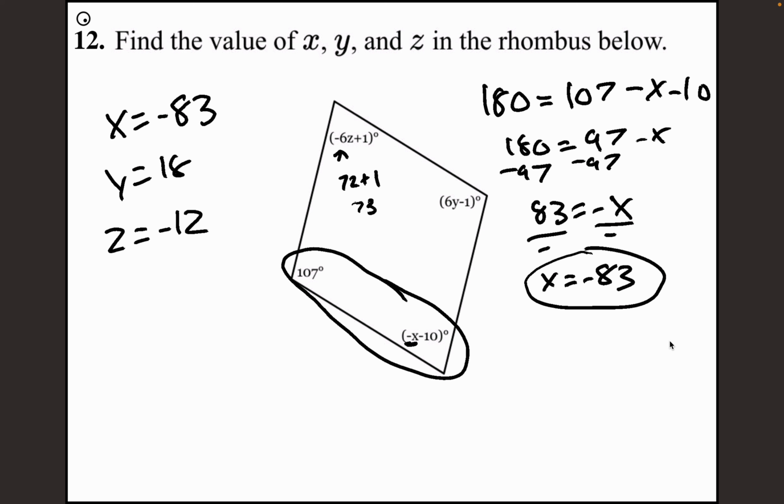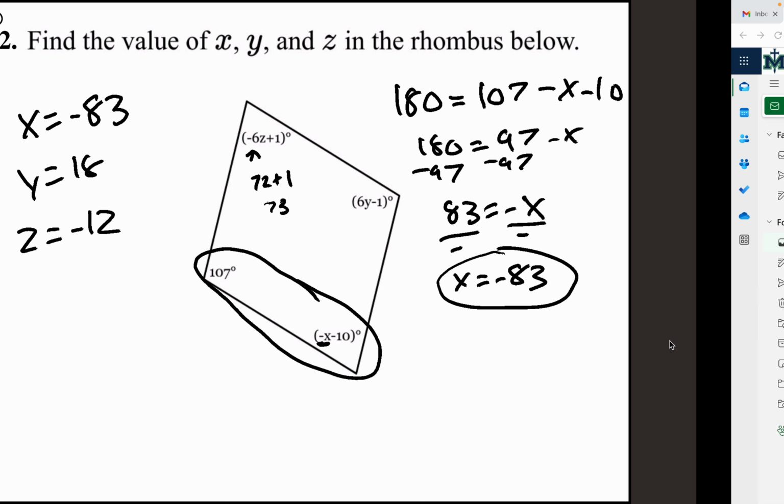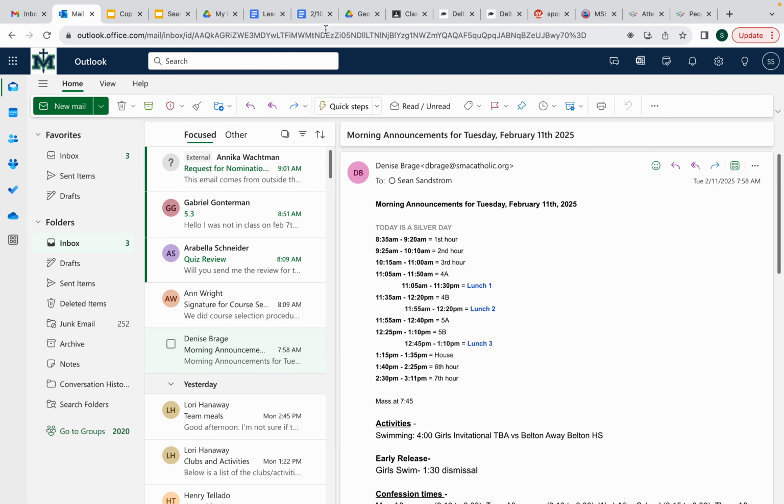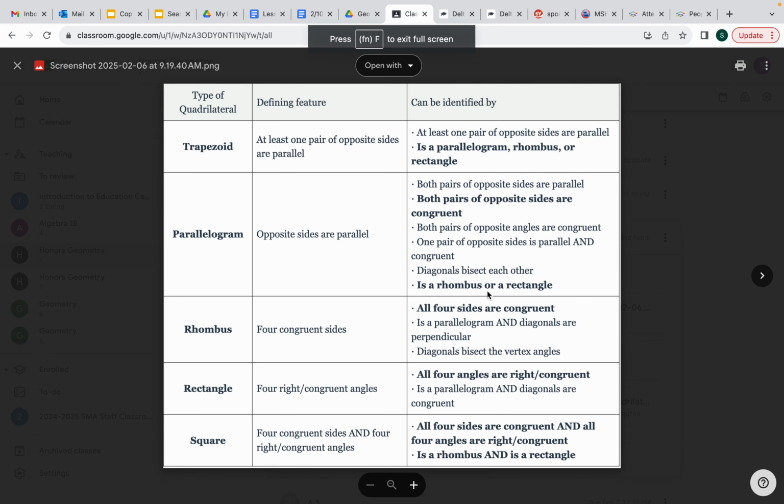Now, on those quadrilaterals, okay? On those quadrilaterals, in Google Classroom, it is so important to look at this for those ones that you solved yesterday, okay? Because this is going to help you identify, like we talked about today, both pairs of opposite sides are congruent, okay?